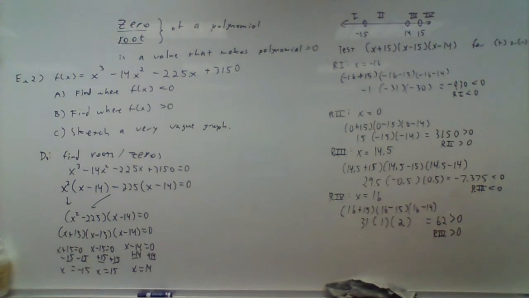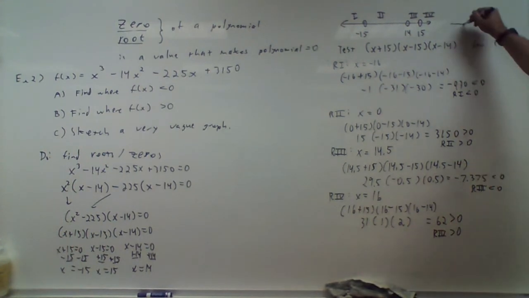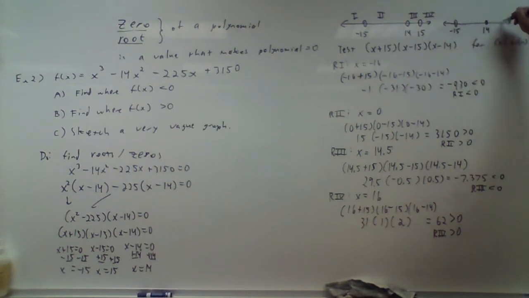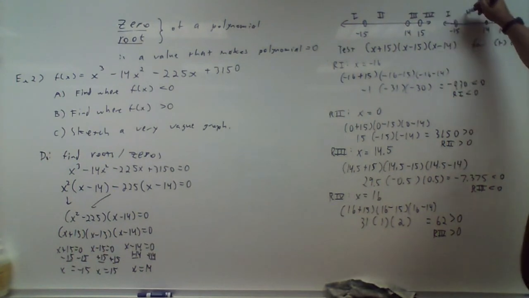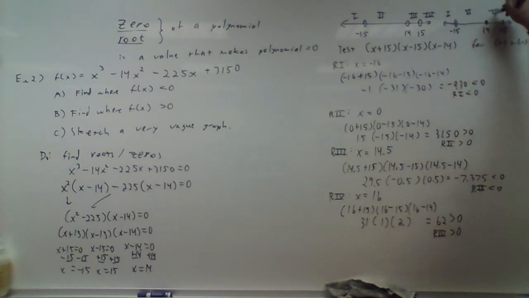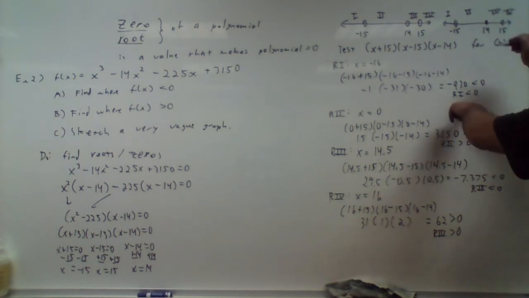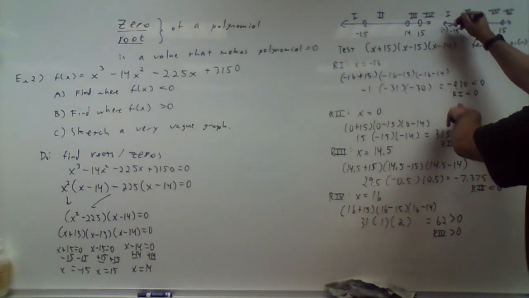Okay? So if I update the number line: negative 15, 14, and 15, region 1, region 2, region 3, region 4. Okay? Region 1 is negative.